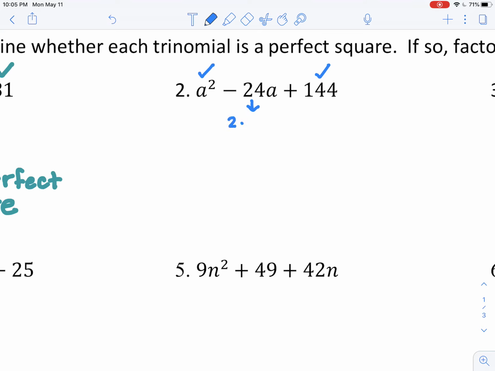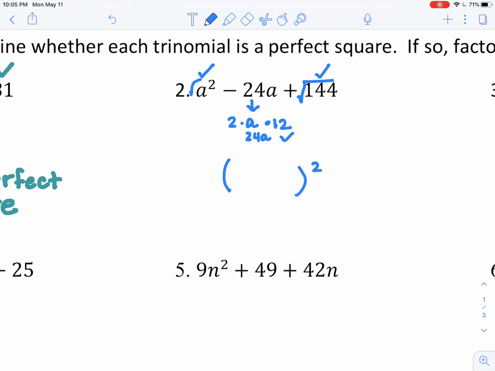The middle term must equal 2 times the square root of the first thing, so the square root of a squared is a, times the square root of the last thing. The square root of 144 is 12. 2 times a times 12 is 24a. So we do have a perfect square trinomial.